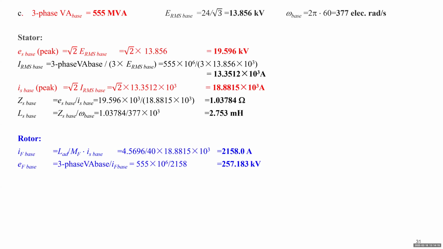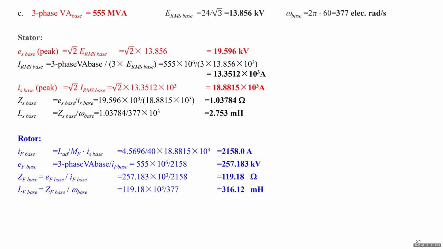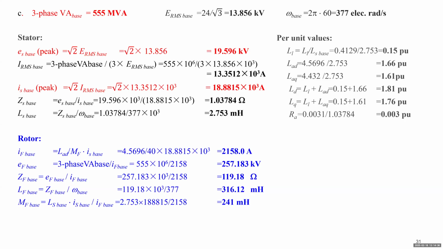So the voltage base in field winding will be the same three-phase power base divided by the current base. So you can just directly get the impedance base for field winding. So the inductance base will be impedance divided by omega base. So this MF base, you just follow the formulas we learned from a previous lecture.